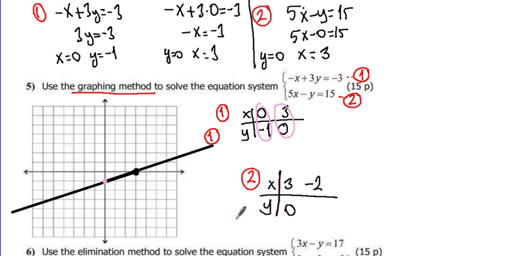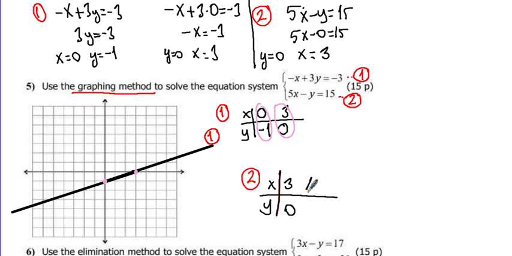If x is minus 2, let's calculate it. 5 times minus 2 minus y is equal to 15. Sorry guys, I thought it is negative 15. So y is equal to 0.